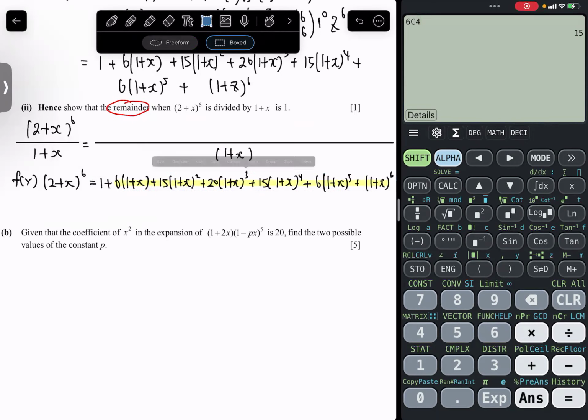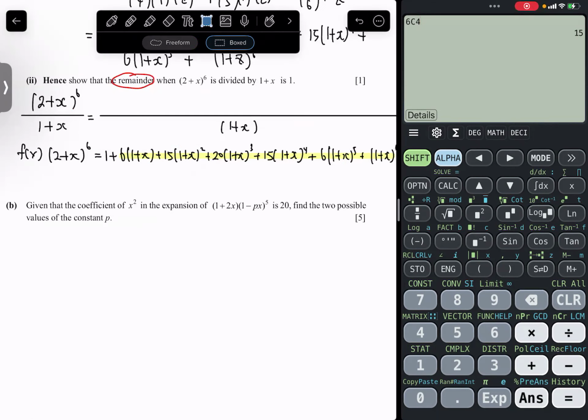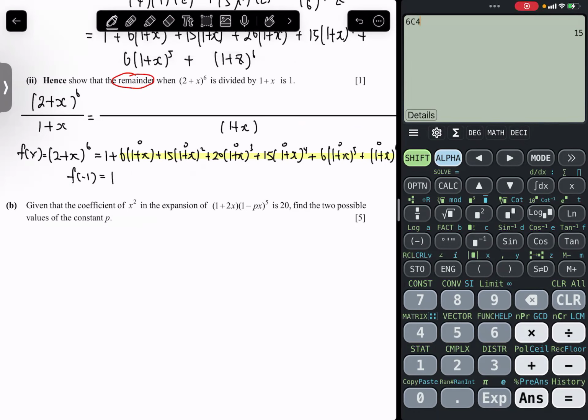So f(x) equals this. If I take f(-1), it will be 1 plus the whole thing down here; substituting -1 gives 0, 0, 0, 0, 0, 0. So f(-1) equals 1.